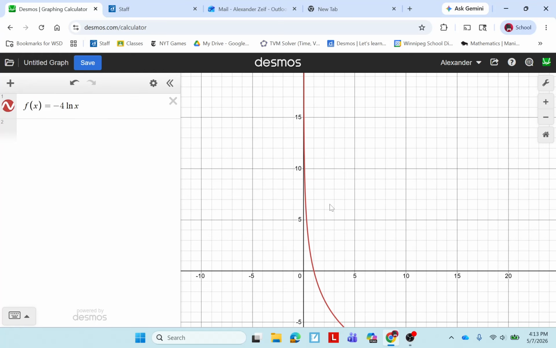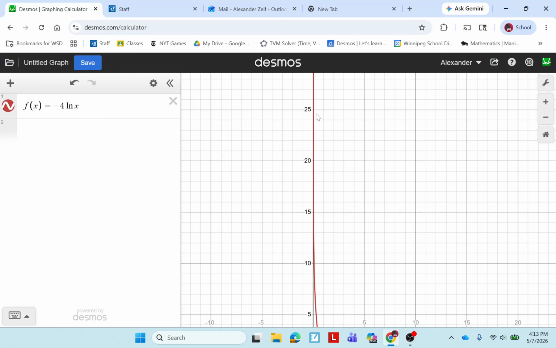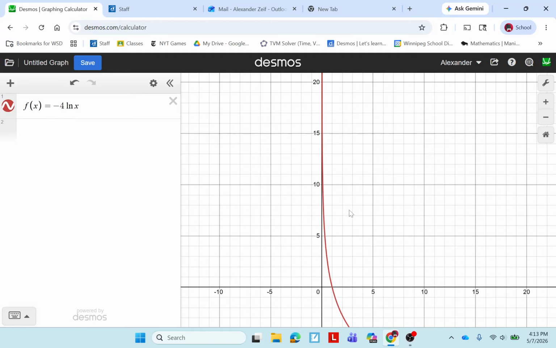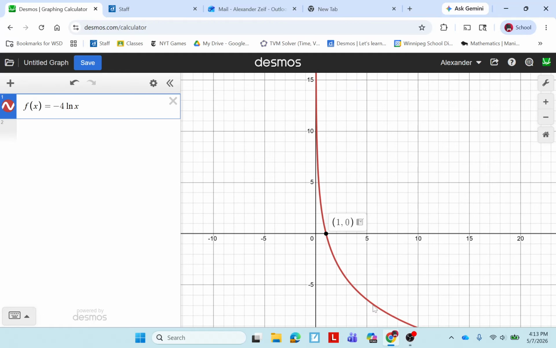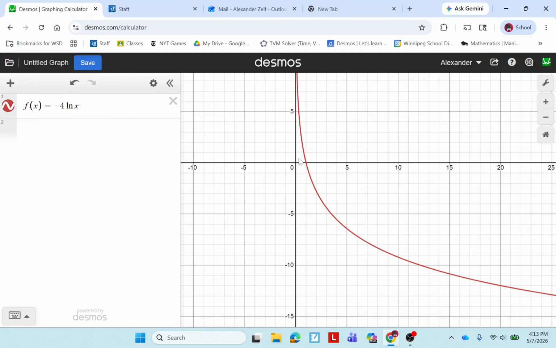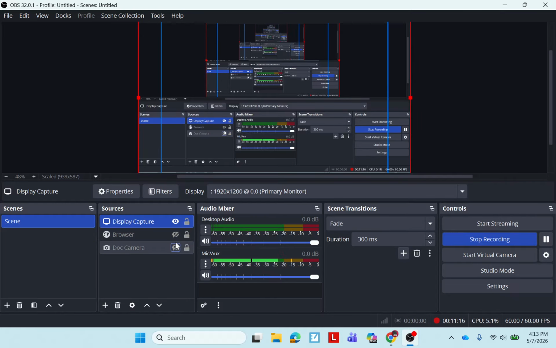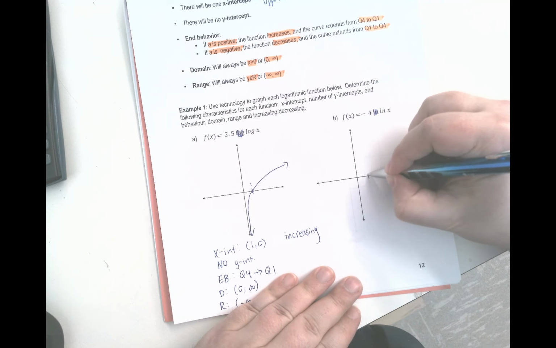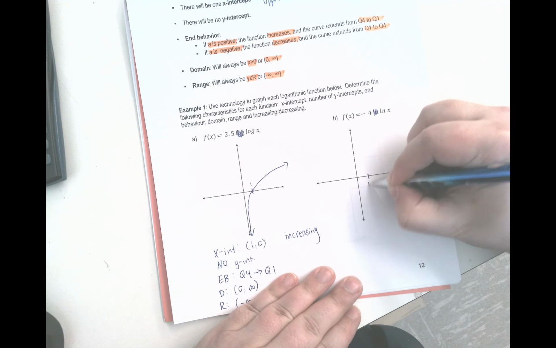So again, if we scroll up a little bit here, it gets very, very close to the y-axis, but it never crosses it. It hits the point of 1, and then it curves out to the right. So if we go ahead and draw this one, again we have an x-intercept at 1.